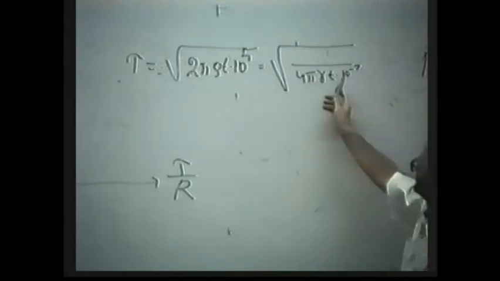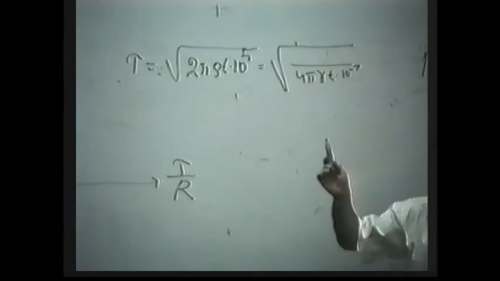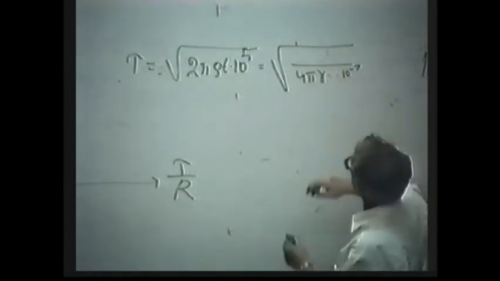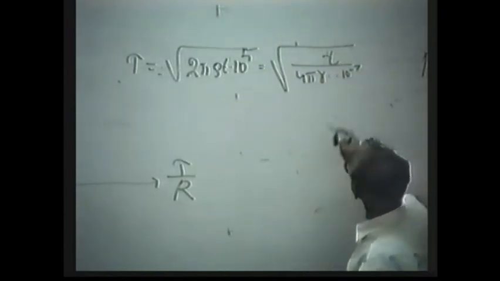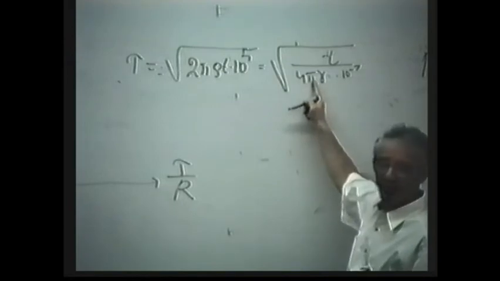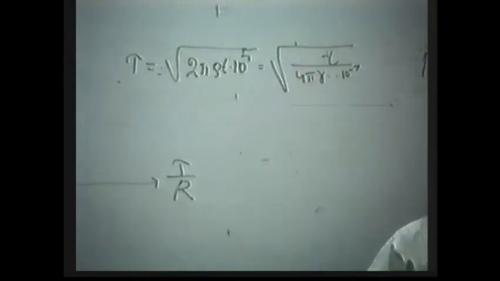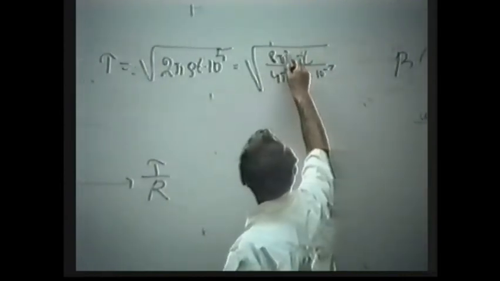Instead of 10^7, I wrote here 10 to the minus 7, no difference. Only one thing I did incorrectly. First of all, time must be the numerator. And since I invented 4 pi, let me put it up here. So, 8 pi squared.